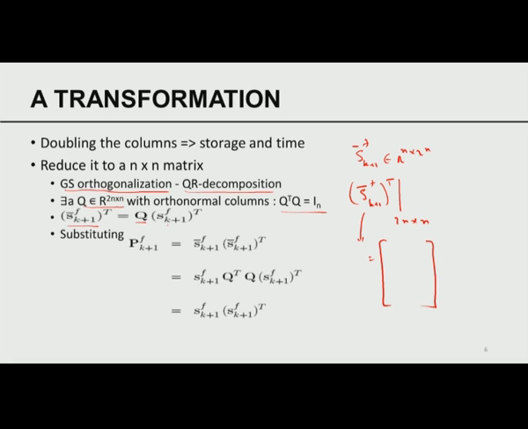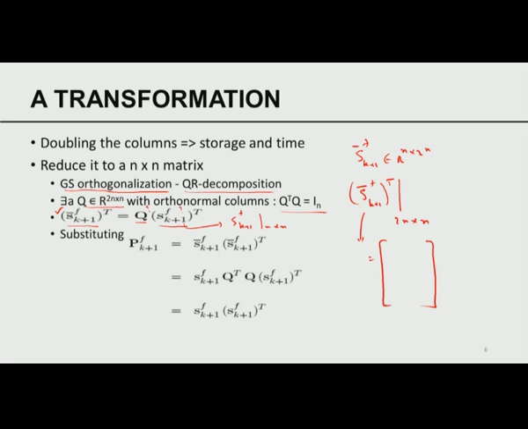I would like to now get a matrix xk plus 1 f. So what is the condition? I would like to get a matrix xk plus 1 f that is also n by n. The left hand side is given. I have to find a Q and an Sk plus 1 such that this equation can be satisfied.